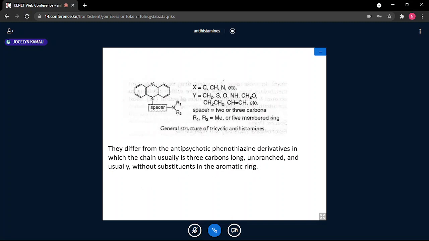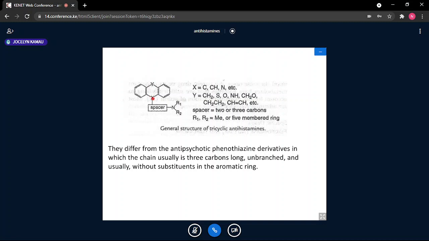Now this actually represents not just the phenothiazines, but the tricyclic antihistamines, where X can be a carbon, it can be a CH. If X is a carbon, most probably there's a double bond outside here.